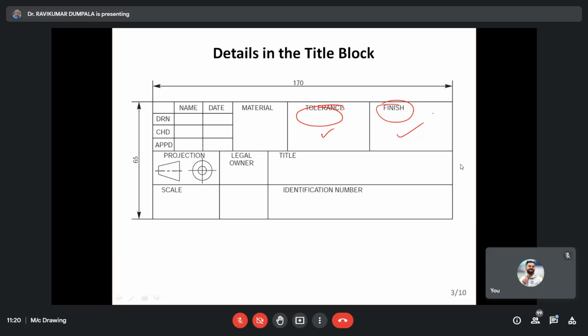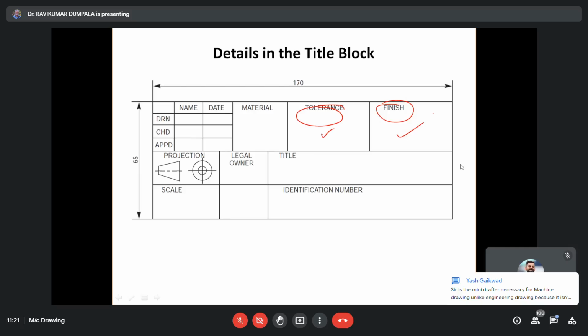Maybe they give all the different tolerance ranges available in the drawing sheet, or the total finishes available in the drawing sheet. That may give some idea of whatever machines are required. Maybe for that purpose, but I'm not sure. Whatever is in the book, I think I shared a standard template with you, so just check that one.